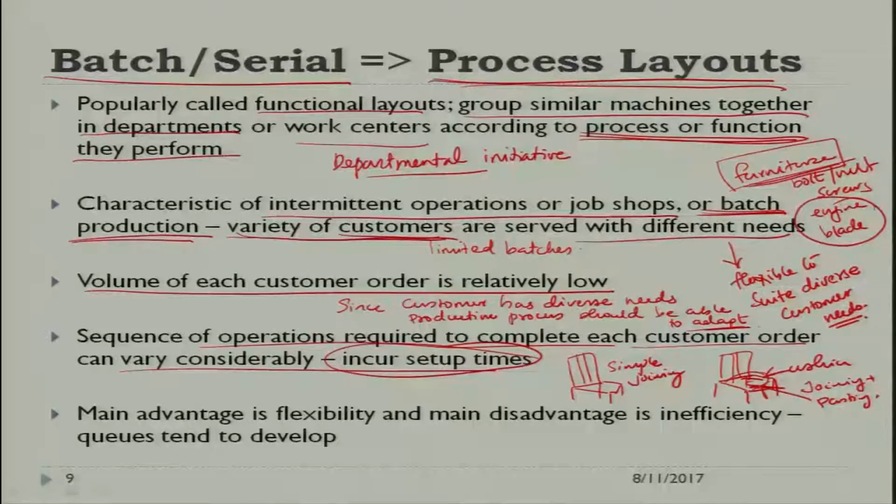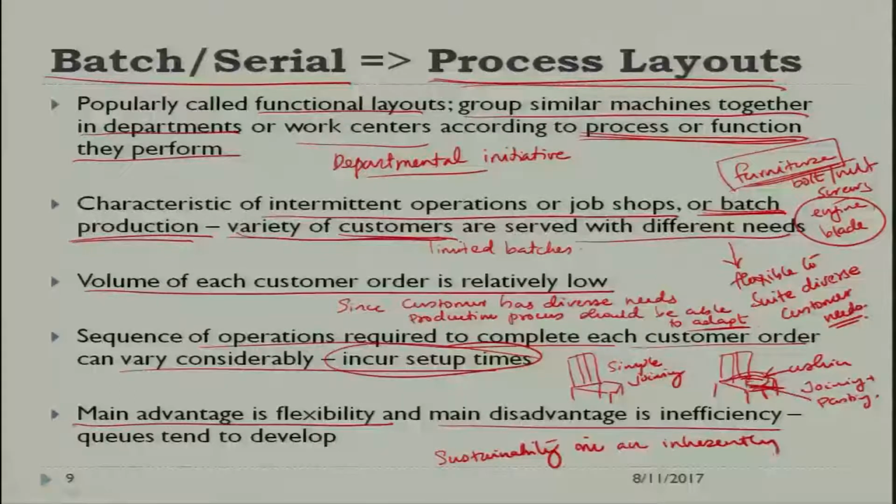The main advantage of this setup is flexibility, and the main disadvantage is inefficiency. Typically it is considered that batch or serial production tends to be inefficient. So, if you are trying to achieve sustainability here, you are trying to achieve sustainability in an inherently inefficient system.